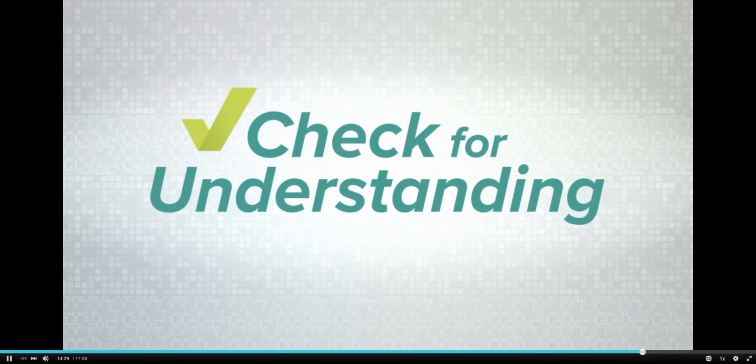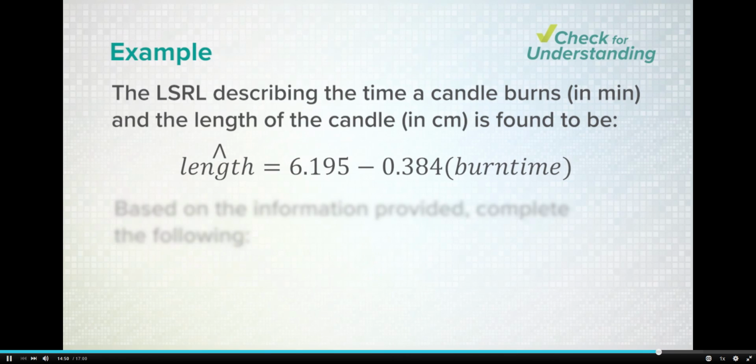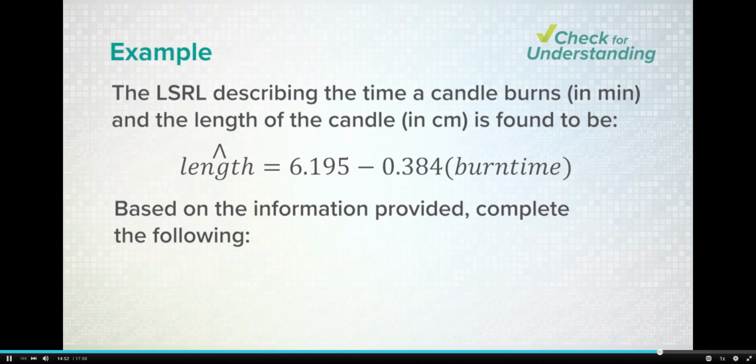Now let's test what you've learned so far with a check for understanding. The least squares regression line, or LSRL, describing the time a candle burns in minutes and the length of the candle in centimeters, is found to be length hat equals 6.195 minus 0.384 burn time. Based on the information provided, complete the following.